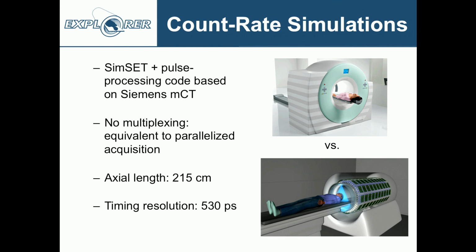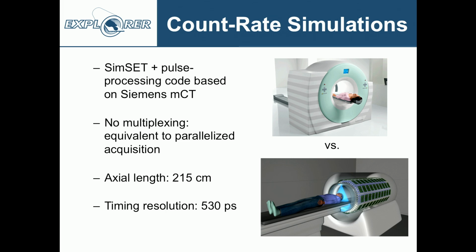So first, I'm going to show the simulation data that's quite old data now that helped make the case that this was worth doing. What we did for this is that we took an existing clinical scanner, which is, in this case, the Siemens mCT scanner, for which we had a really good simulation model that had been carefully validated over several years with experimental data as well. So we felt we had a model that we had a good understanding of and some confidence in.